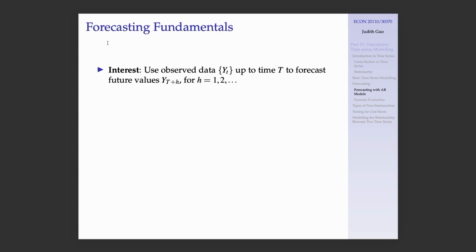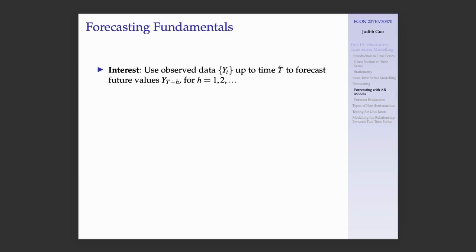Now, forecasting, okay. Essentially, forecasting is to use what we observe in a given sample to forecast future values. Imagine we observed observations starting from t equal to 1 to capital T. Typically, capital T is a very standard notation in time series to indicate the end of sample observation, the last observation in the sample.